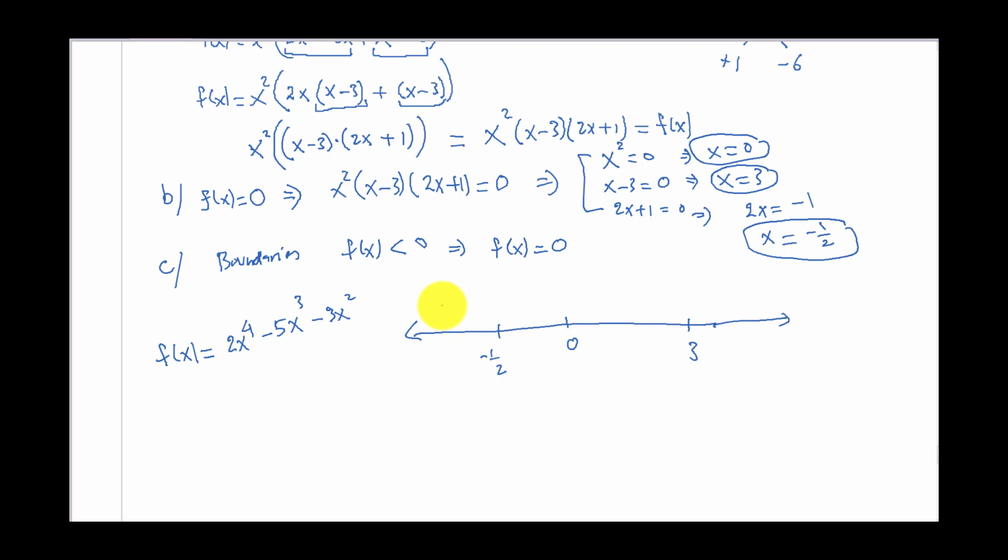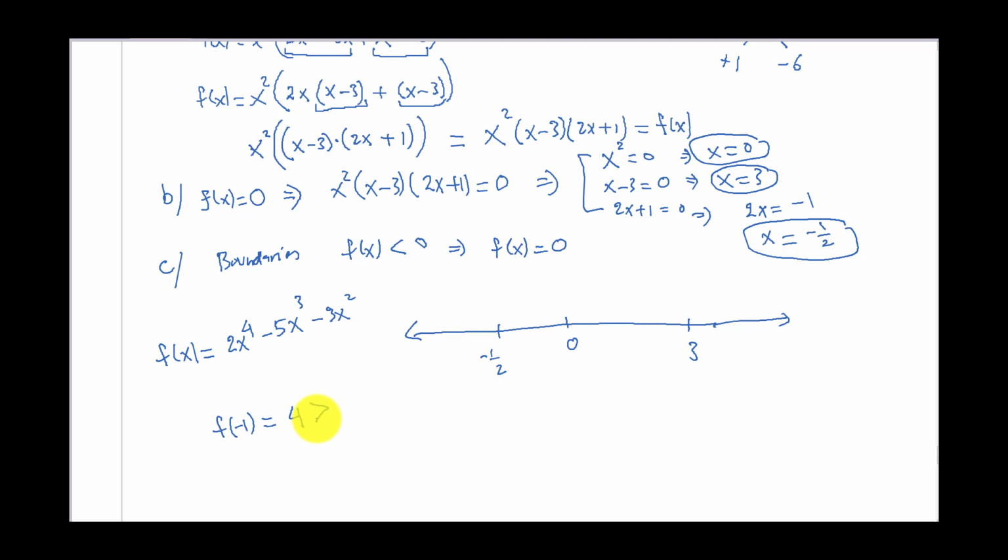First, the region on the left side of minus 1/2. Let's pick minus 1. When I plug in minus 1 to the function, I get the value of 4 for the whole expression.